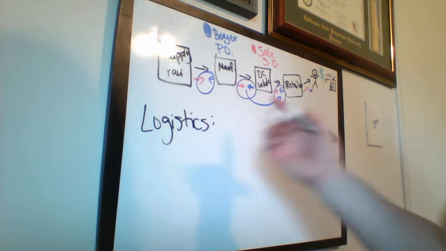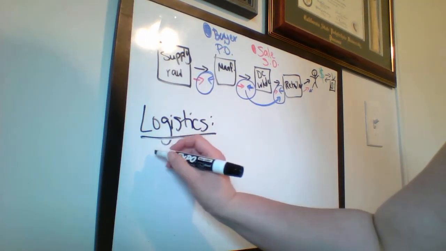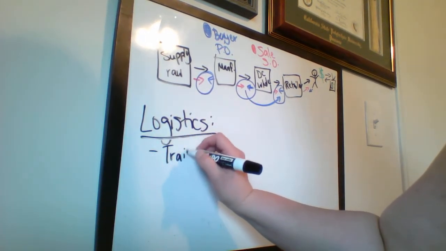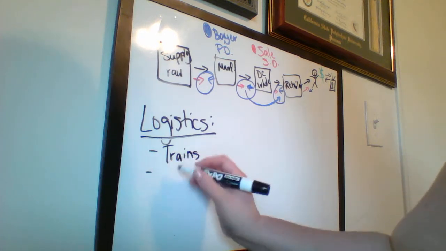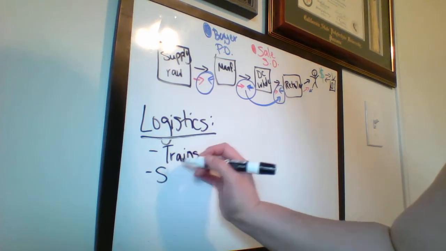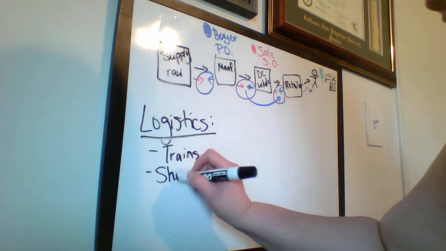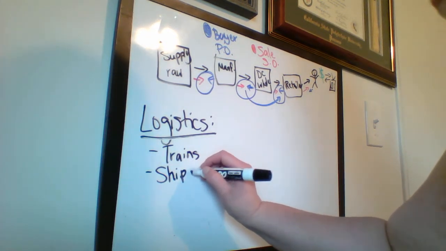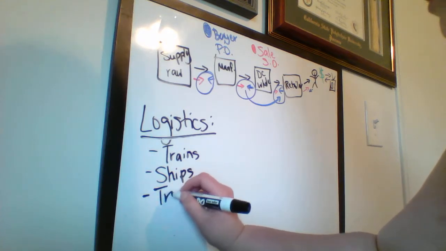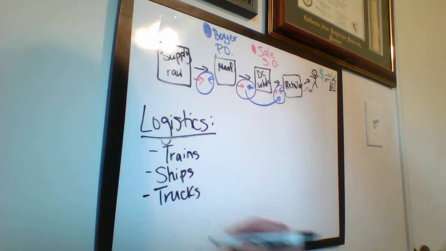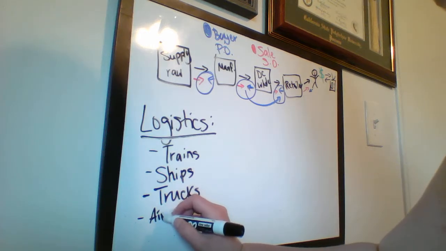Logistics would specifically be trains, freight, which is shipping, so ships, trucks, and lastly airplanes.